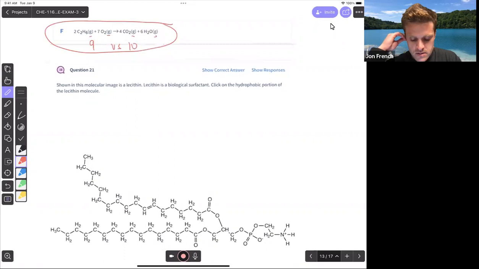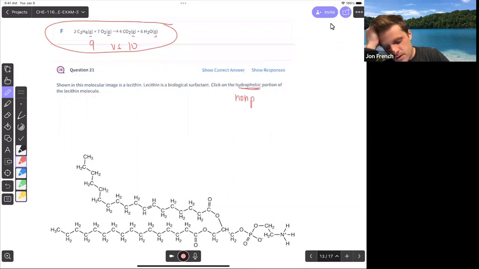Question 21, right, this surfactant. Yeah, you only had to select one correct answer. There were multiple correct answers. Question 21, we're looking for the hydrophobic portion. The hydrophobic portion is afraid of water. It's non-polar, right? Because water is very polar.